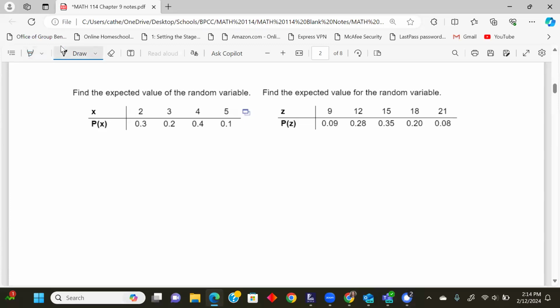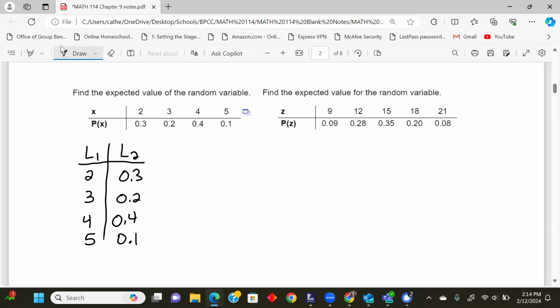So I'm going to write something down here. This is for your calculator.